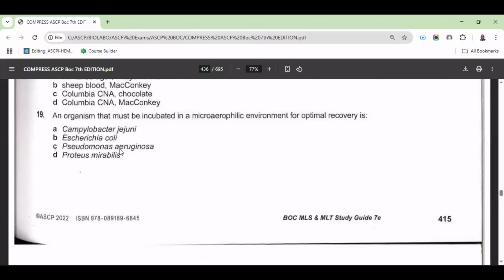Escherichia coli and even Proteus are facultative anaerobes. So Campylobacter is microaerophilic. It requires a very low concentration of oxygen. Okay, thank you.